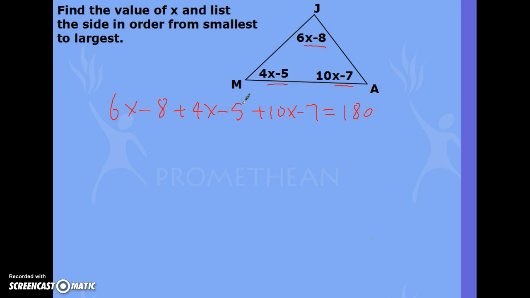According to the triangle sum theorem, we can set up this equation. And then to solve this equation, we're going to combine like terms. There will be 20x minus 20 equals 180. And then adding 20 on both sides, so 20x equals 200, and x equals 10.